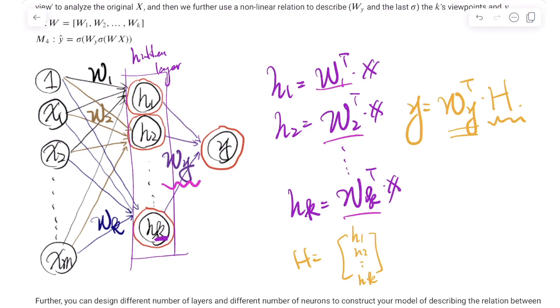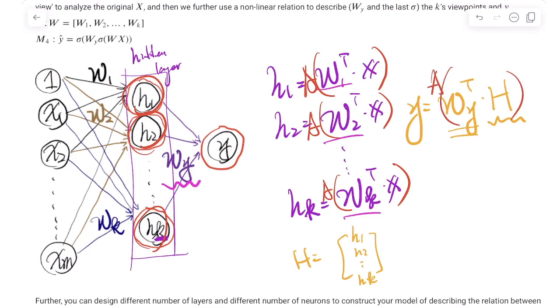And beware that we have circles right here, so that means we add some nonlinear function on these neurons and also right here, so that we can use those nonlinear functions to describe, in this figure, a very complex relationship between x and y.